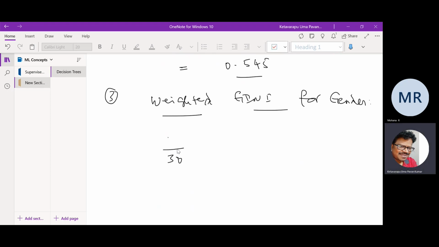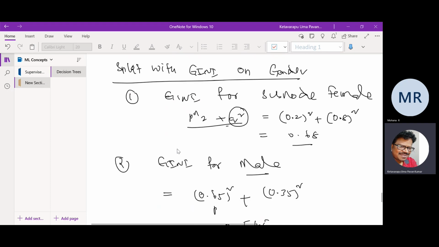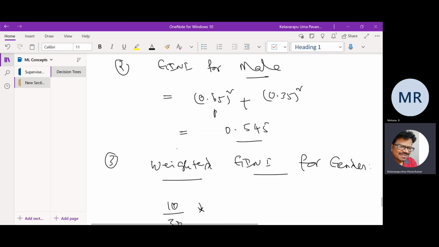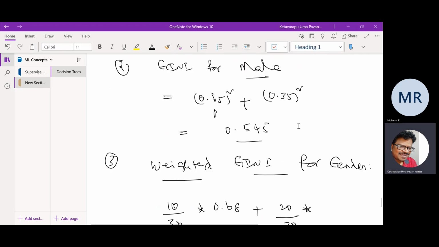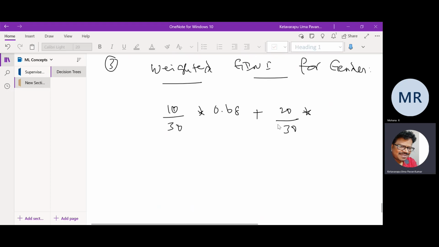Out of 30, 10 members are female, and what is the value we got for the female? 0.68. That we have to multiply. Just as we have seen with the weighted average. Plus, out of 30, 20 are male students, and what is the value? Just now we computed 0.545.